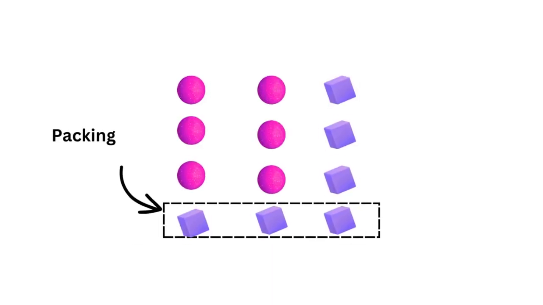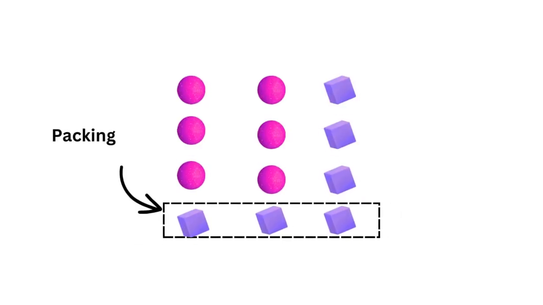But if you visualize this, as you are seeing on the screen, they have segregated. That is called packing. The Republican Party divided the Democrat voters, so three of six candidates are segregated and packed into one major district.